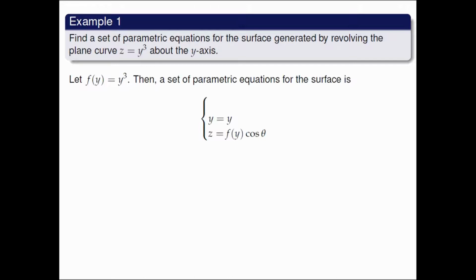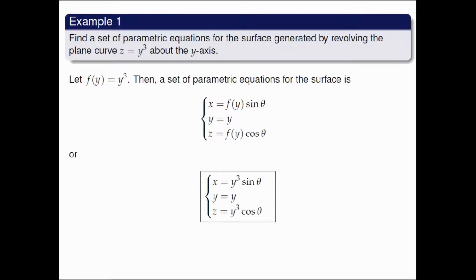And for the remaining variable, we have x equals f of y sine theta. Since f of y equals y cubed, we have x equals y cubed sine theta, y equals y, z equals y cubed cosine theta.